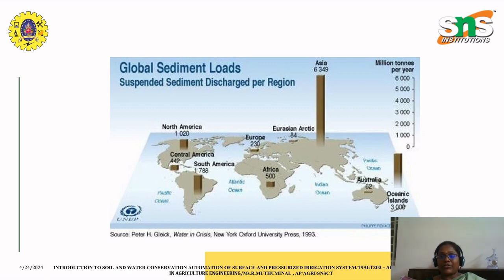Compared to other regions, Australia has only 62 million tons per year, America has nearly 1,020 and 1,788 million tons, while Asia has 6,349 million tons per year.